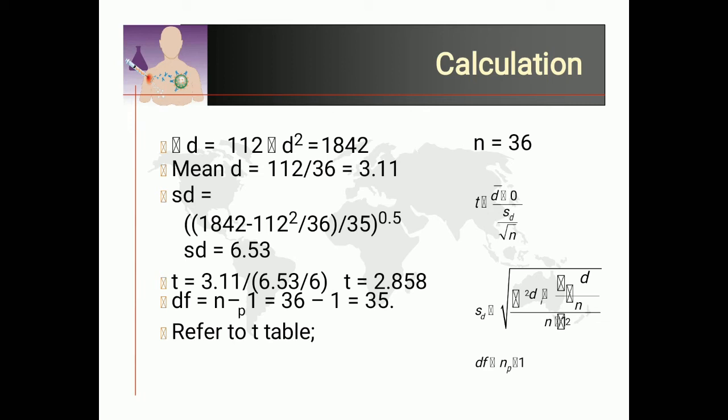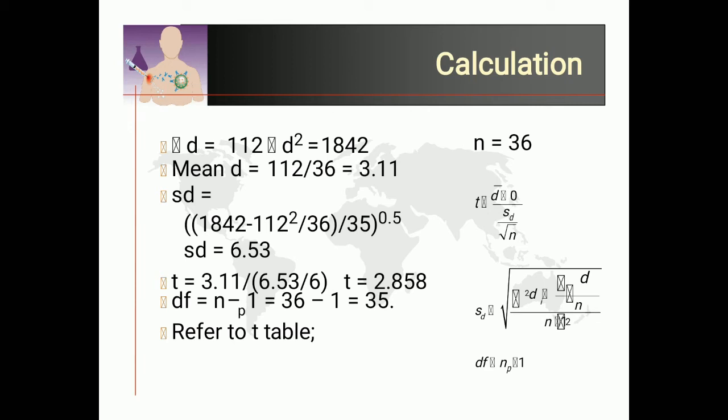So 3.11 divided by 6.53 divided by 6 gives t equal to 2.858. The degrees of freedom will be n minus 1, meaning 36 minus 1 equal to 35.